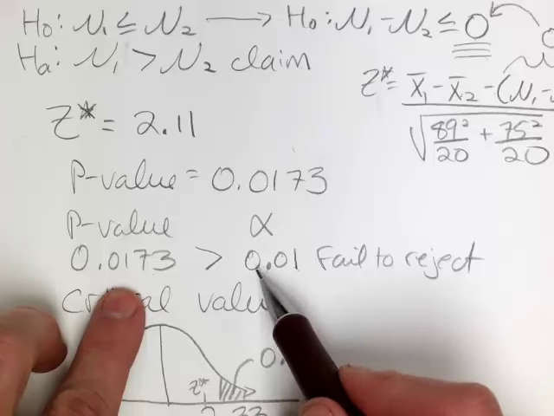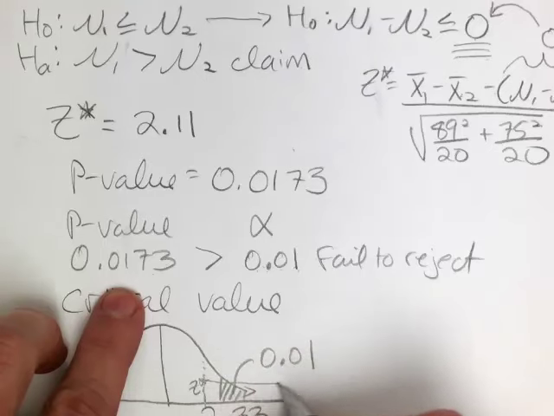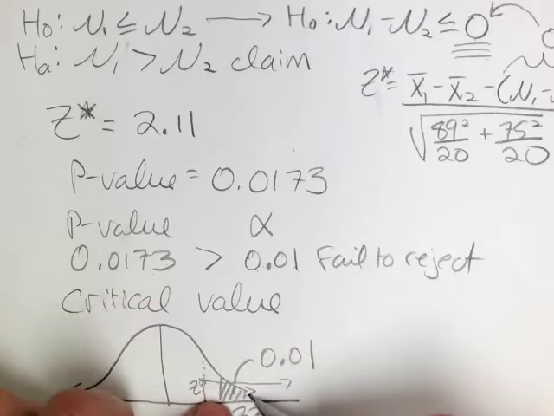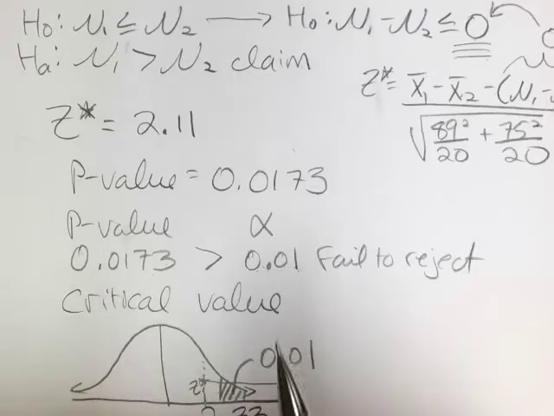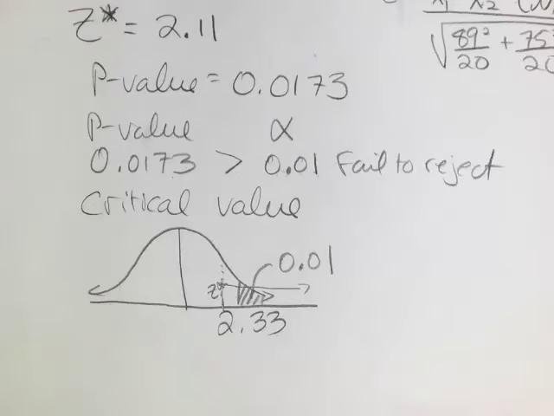So this area here, the p-value, would be going this way, is greater than our level of significance. But we're not failing to reject strongly. For example, if this level of significance were 0.05, then that p-value would be less than our level of significance and we would be rejecting the null. And that's reflected with our test statistic being close to our critical value.